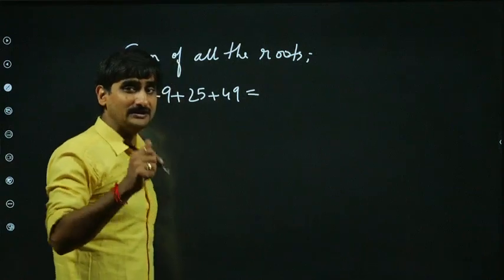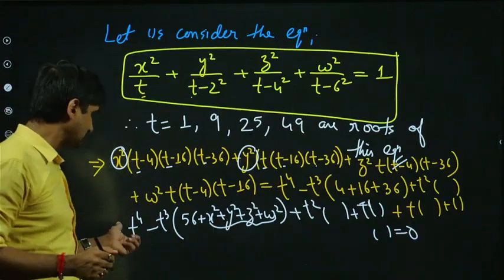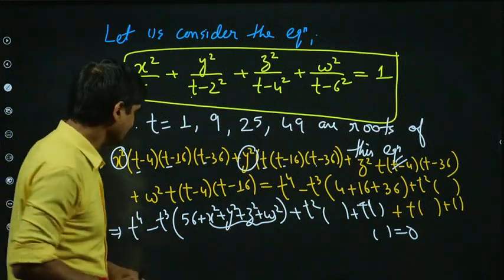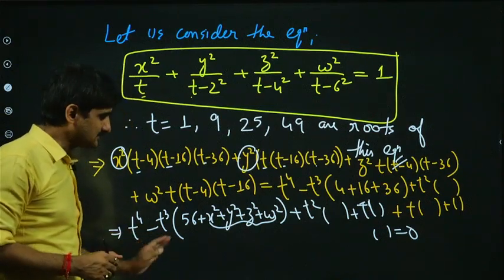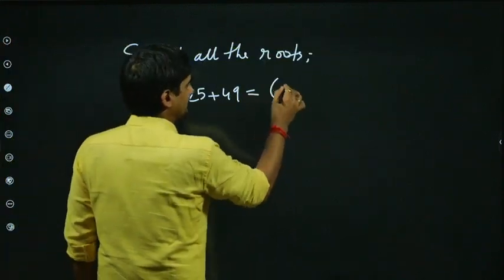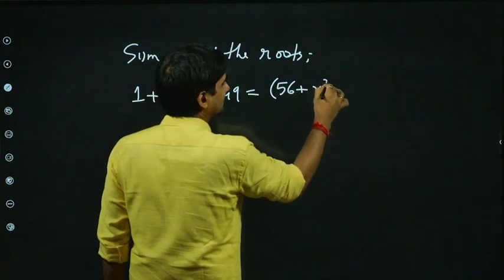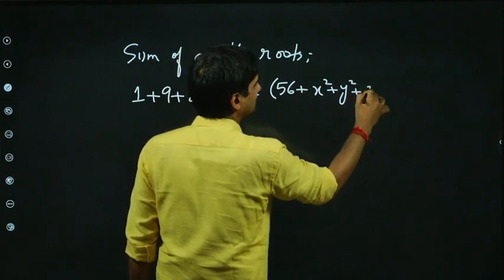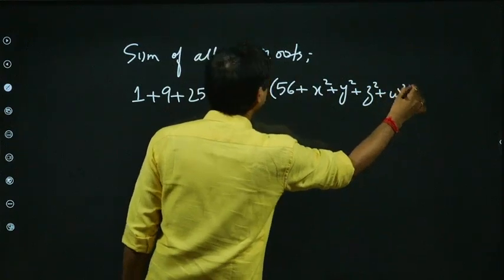Here a is 1, the leading coefficient, the coefficient of t raised to the power 4, and the coefficient of t cube is this whole thing, and the minus makes it positive. So it's 56 plus x square plus y square plus z square plus w square.